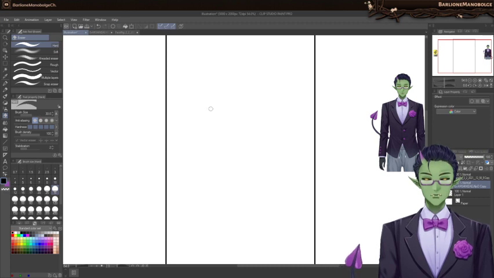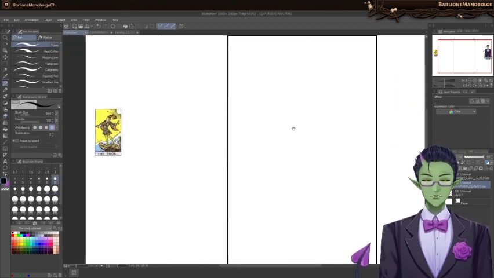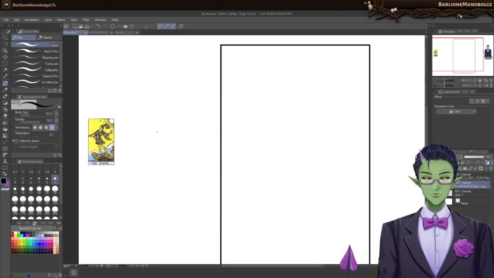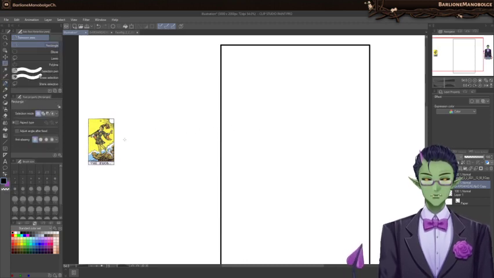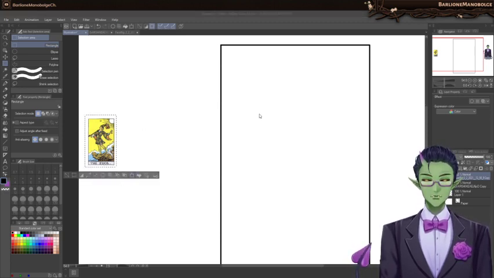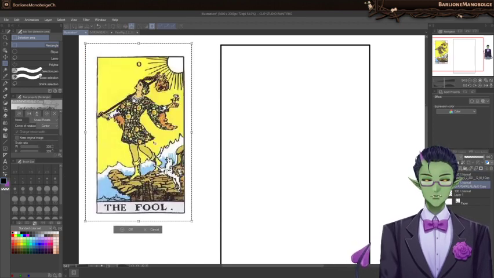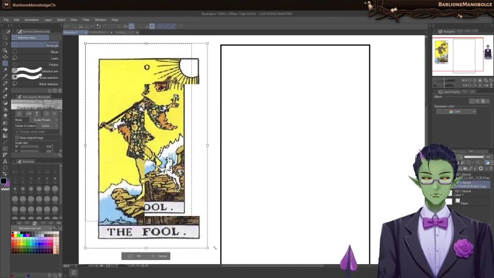Okay, everything's working. Drawings are 1-to-1 right? So, let me blow up the image of the Fool. Just create a new layer so that the border can remain separate.